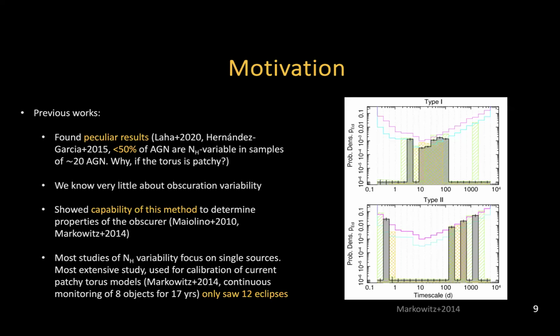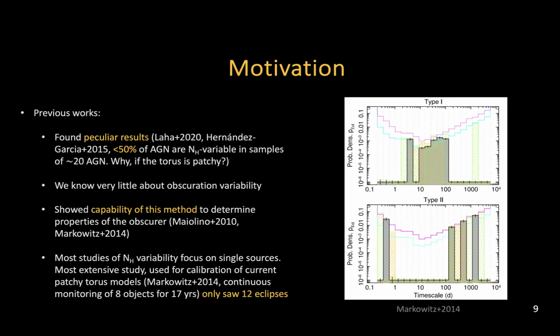So essentially, what we want to do with this general obscuration variability project is make use of the vast amount of data that is available in the archive regarding AGN, in which we have, as I was saying before, very separated, randomly taken observations, but oftentimes more than one observation per AGN, spanning perhaps time differences of up to 20 years, which is the archive of Chandra and XMM, for example.